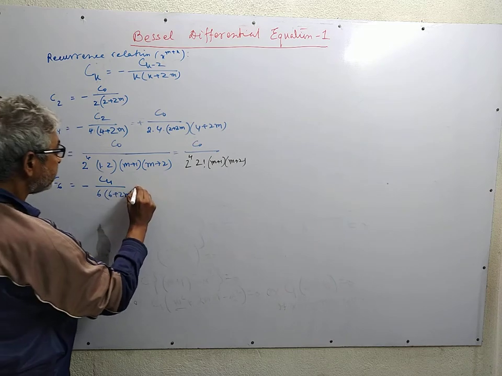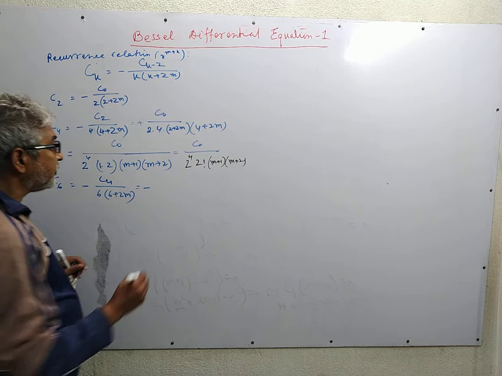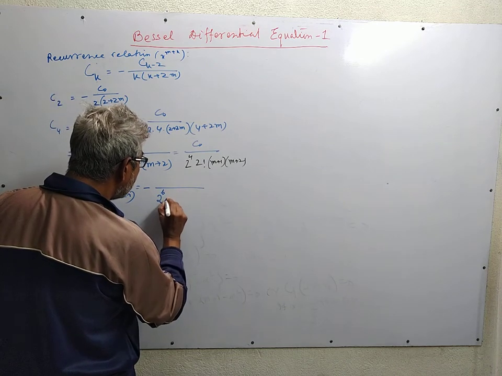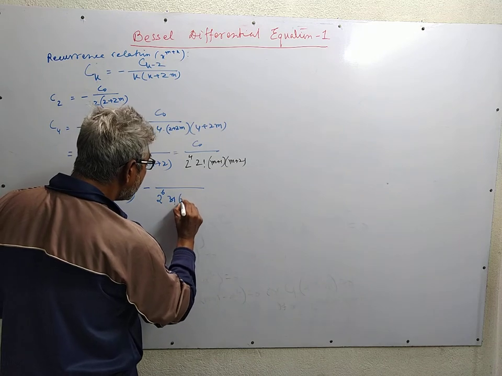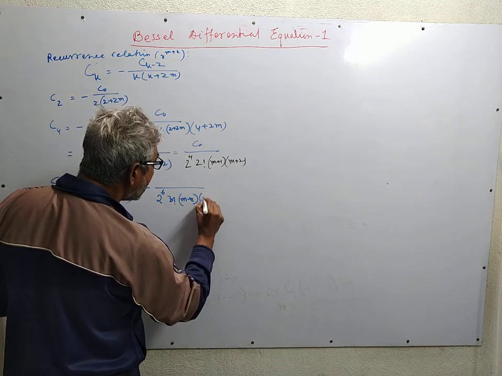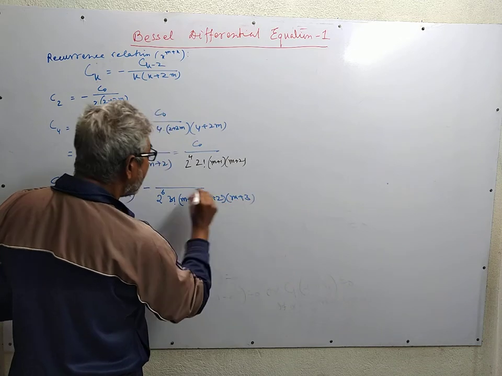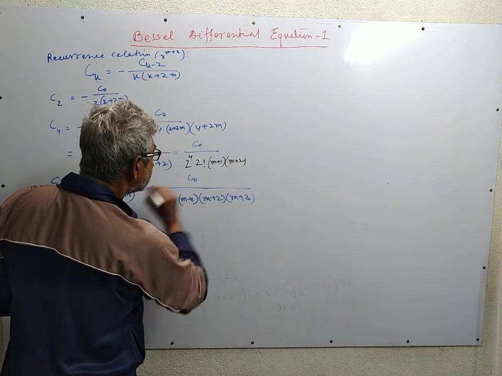If we substitute the value of C4, on manipulation we get m plus 1, m plus 2, m plus 3, C0.